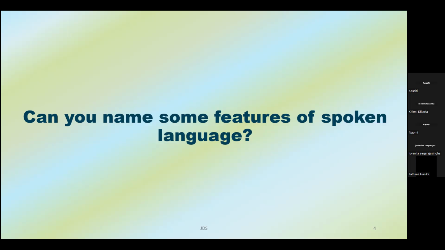What is the nearest counterpart that you can find in the written language? Now you can't indicate the tone or maybe the intonation.